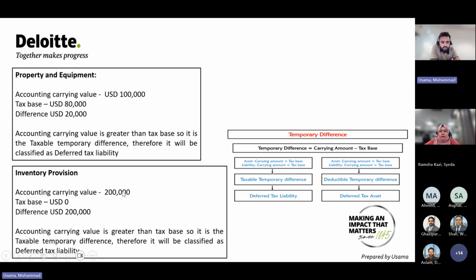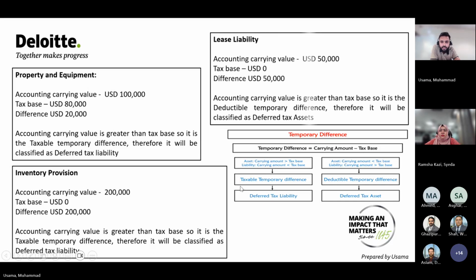Here it is mentioned... sorry, it is a liability. Yes, it is mentioned here mistakenly. I've copied the above one here, but it is a deferred tax asset here. And here it is the same case for the liability.